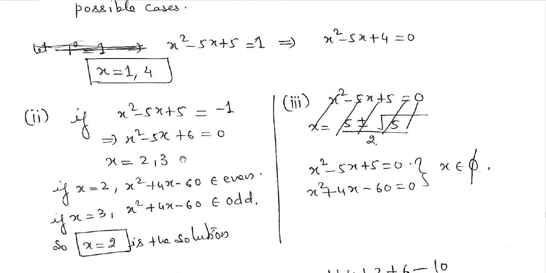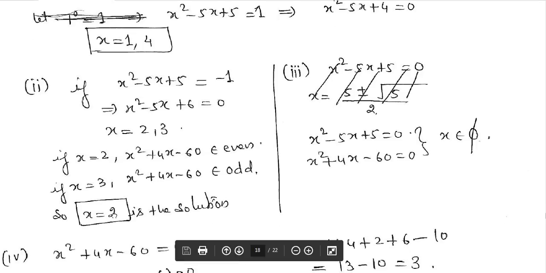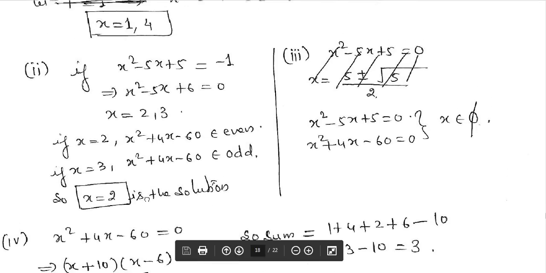Now if we have x equal to 2, then the power is becoming even, and if x equal to 3, the power is getting odd. So x equal to 3 can't be the solution, and x equal to 2 would be the solution.